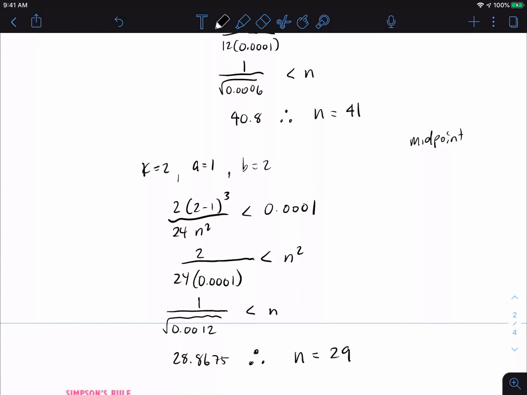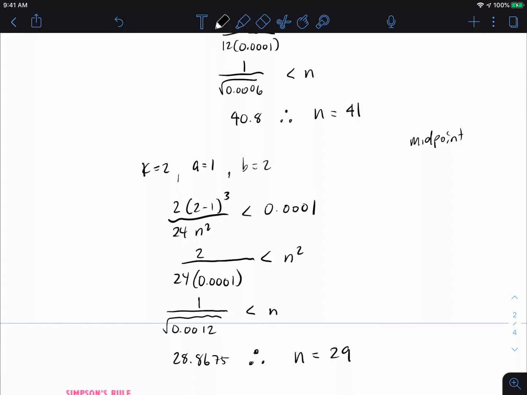So that means I would have to have 29 divisions from 1 to 2 to be able to get an accuracy to the 10,000th place. Imagine if you had to do that by hand. That would suck. But we can. We don't want to, but we definitely can.